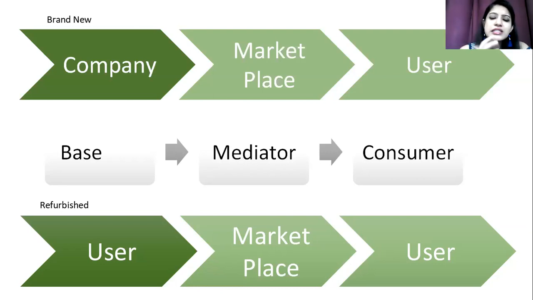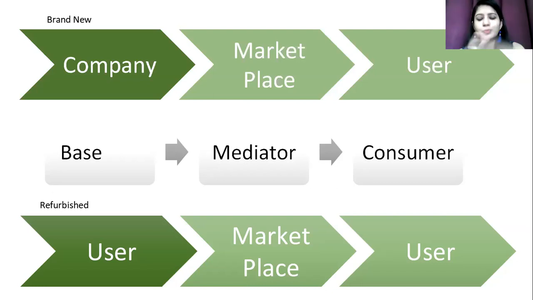After that, the user doesn't want to use it, so they resell it in the marketplace. When they resell it in the marketplace, it is not yet categorized as refurbished. We can say it is categorized as a normal gadget. It still has to be conditioned. In the marketplace, these are pre-owned gadgets, so they have to be tested, verified and checked to see whether the parts are perfectly working or not.